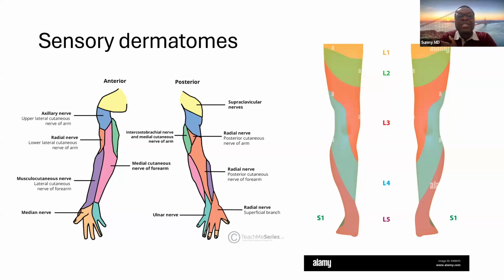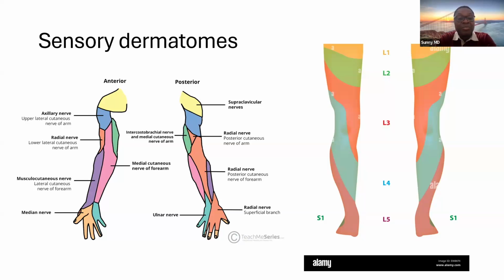Now you need to understand what these modalities represent, and I'll tell you right away. Vibration sense and joint position sense test the same anatomy. They test the posterior column. So doing all three of them is almost like a waste of time in that exam situation.